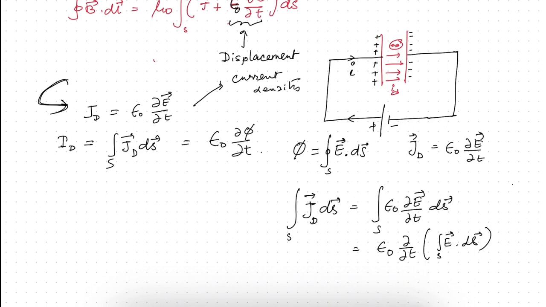This surface integral is your phi, that is electric flux, sorry, not magnetic flux, electric flux. And del phi by del t represents the rate of change of electric flux.